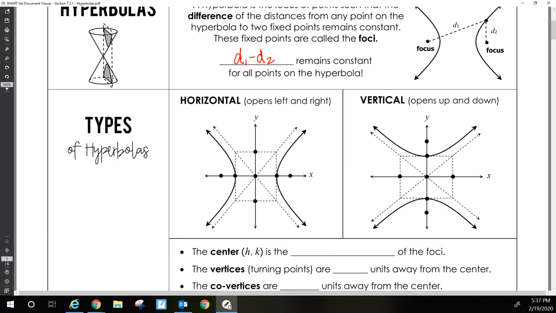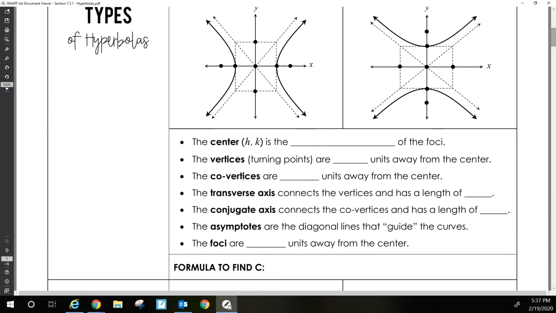The center (h, k) is going to be the midpoint of our foci. So we go halfway between our two foci, we get the midpoint. That midpoint is the center, which is (h, k).